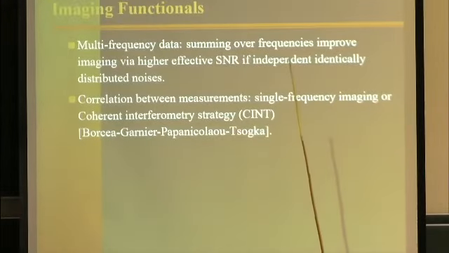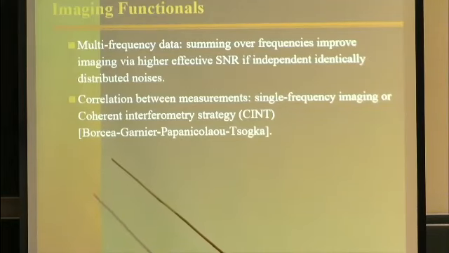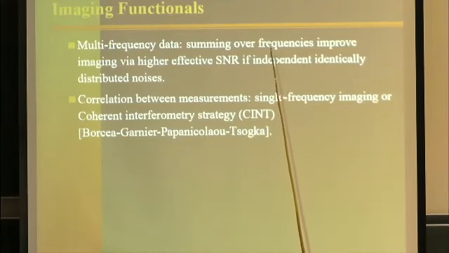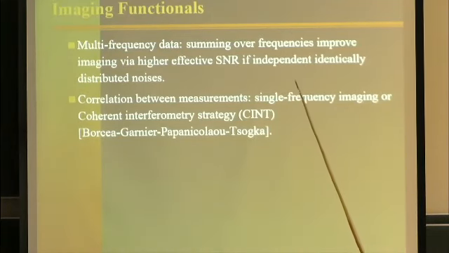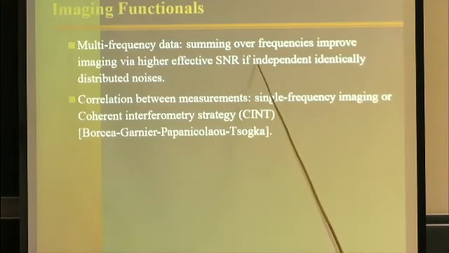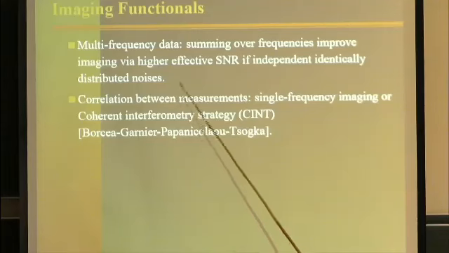And now actually there is a very natural idea. Assume that you have measurements over many frequencies. Can you make the algorithm better? What we noticed is there are two cases. Either there is correlation between measurements, or the measurements are uncorrelated. If the measurements are uncorrelated, you can increase the signal to noise ratio just by effectively averaging, because you have many measurements, and that's all.